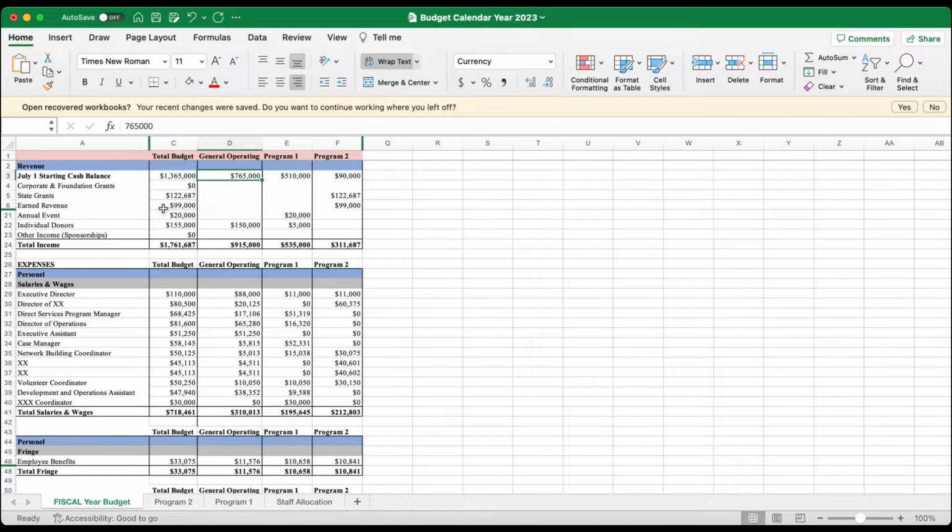Do any fall in general operating? Are some very specific, like you see here, to individual programs? Whatever the case may be, what are you starting with, right? And then you want to identify what are the different streams that you're expecting funding from. So here you'll see these are some things that I threw in here. You have some coming from specific programs, right?